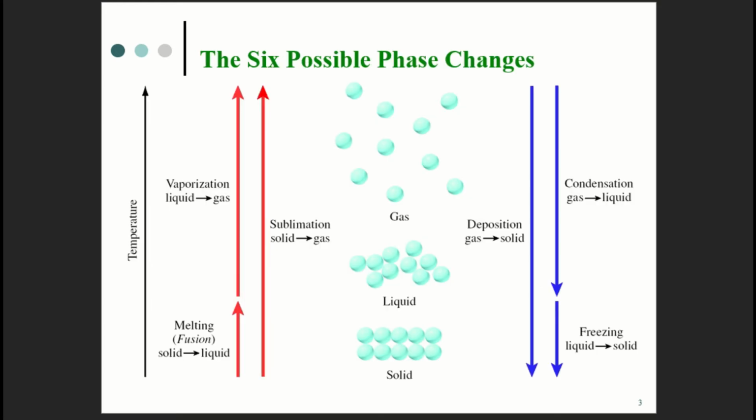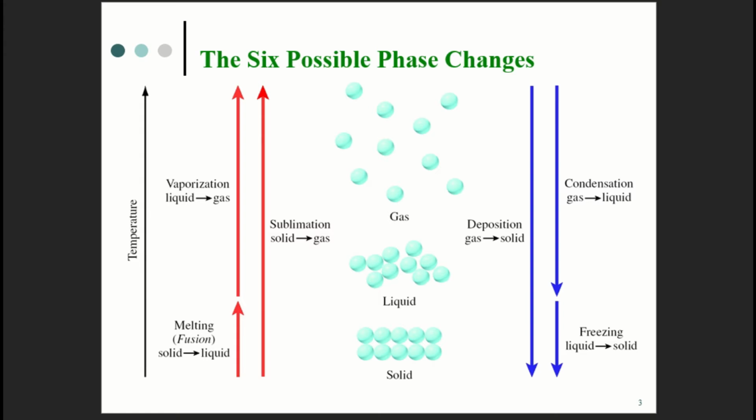Here are the 6 possible phase changes. We have melting, solid to liquid; sublimation, solid to gas; vaporization, liquid to gas. As you can see here, class, as the temperature rises, it means that the particles of matter gain energy from the heat.